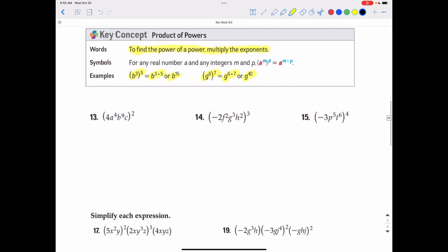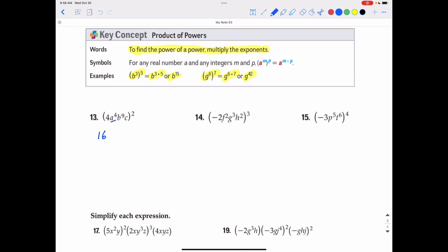So 13 is 4a to the 4th, b to the 9th, c, all squared. So again, 4 is a whole number, so we're not going to take 4 times the 2. We're going to take 4 to the second power. 4 to the second power is 16. 4 was not an exponent. And then we're going to take every one of those variables with exponents times the 2.